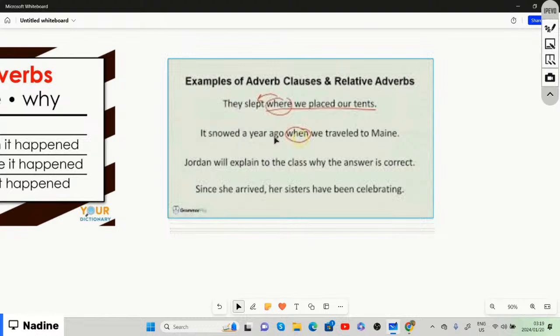And Jordan will explain to the class why the answer is correct. And if we look at that word, especially why, then it means that we have the relative adverb why. It tells us basically why it happened.